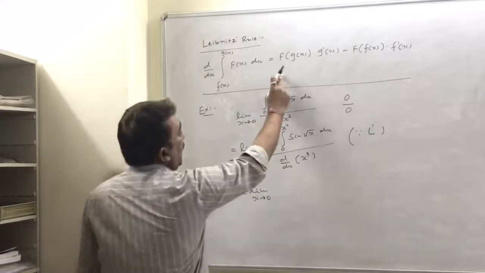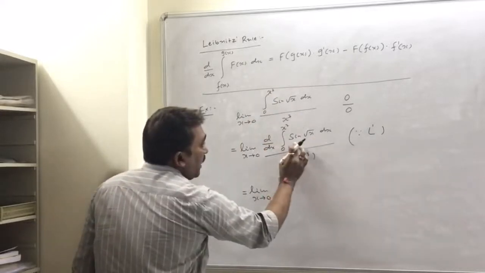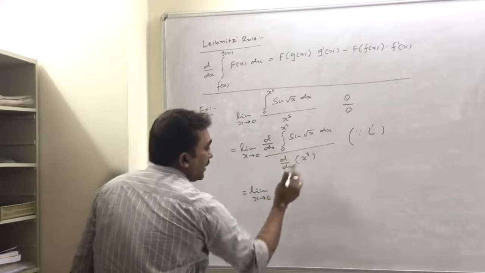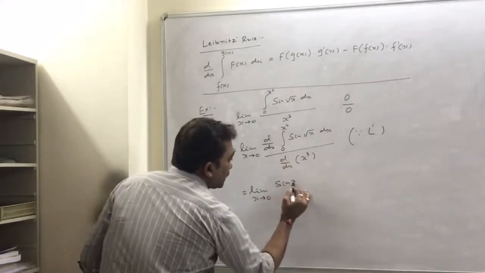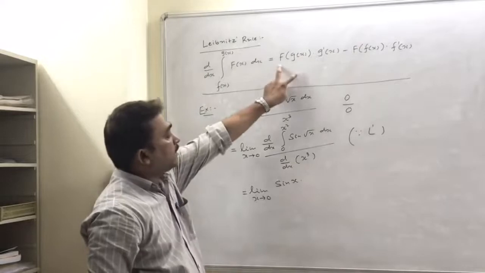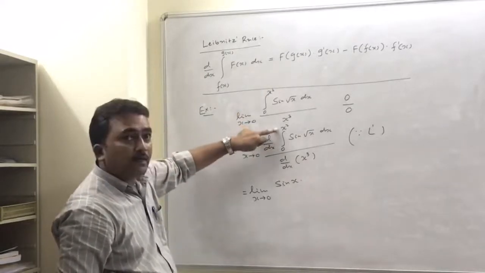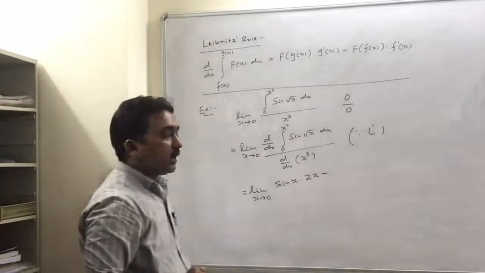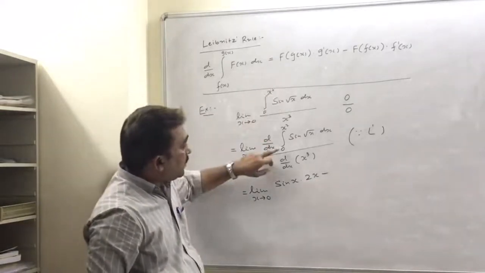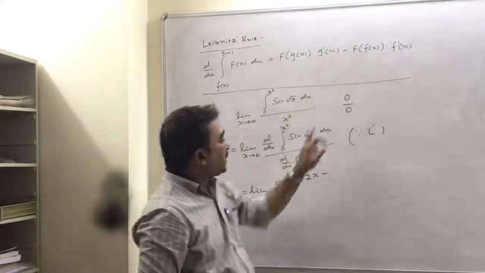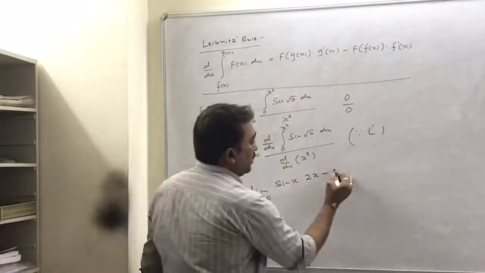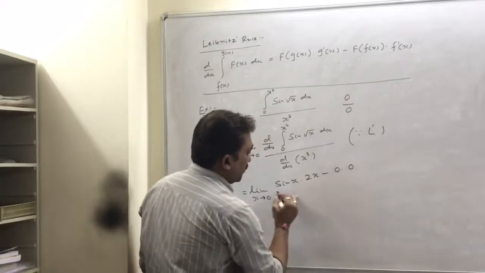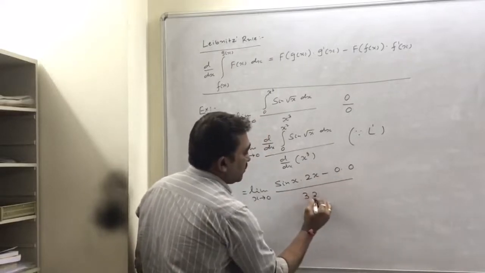It is F of g(x): put x square here, so sin x, into g dash x, the derivative of x square, which is 2x, minus sin 0 for small f(x), and sin 0 is 0 and the derivative of 0 is 0. The derivative of x cube is 3x square.